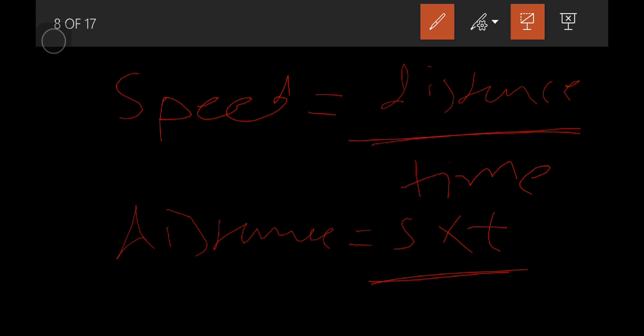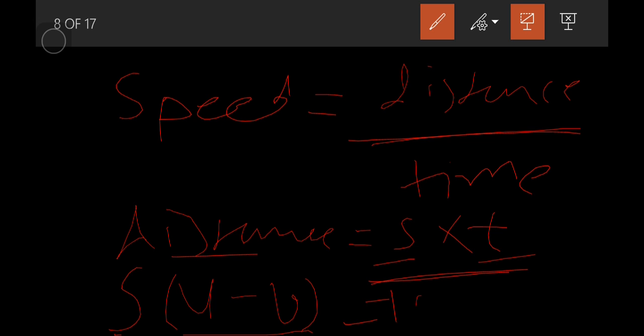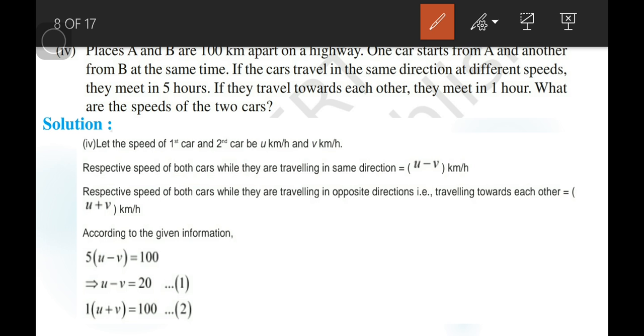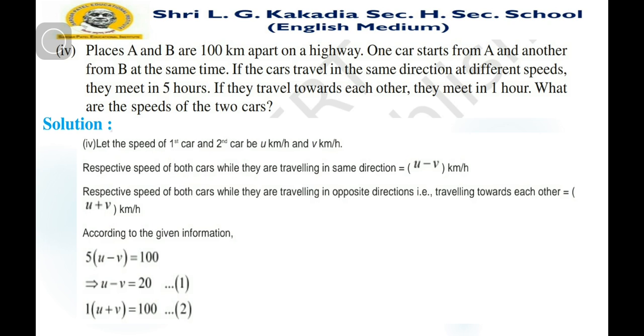So for the first situation, when they run in the same direction, u minus v into 5 hours, that is speed times time, is equal to distance 100, equation number 1. So we get 5 into u minus v is equal to 100, equation 1, and 1 into u plus v is equal to 100, equation 2. So we get equations 1 and 2 in two variables u and v.